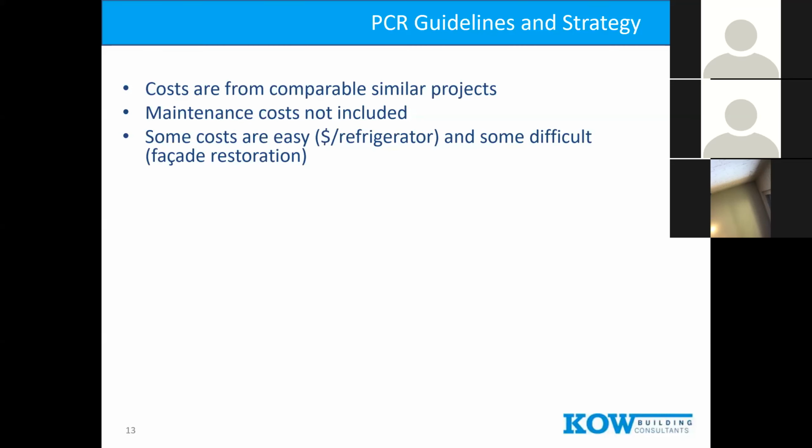Pretty simple. Others are very difficult, like facade restoration. I won't go down a rabbit hole of facade restoration, but anyone who tells you they know exactly what the facade cost is going to be before they start is lying to you. Because in New York City or typical mature cities where you have an older building stock, you typically have brick, not always, but typically, and you don't know what you're up against until that restoration company starts scraping the grout, the joints, starts knocking on the brick.